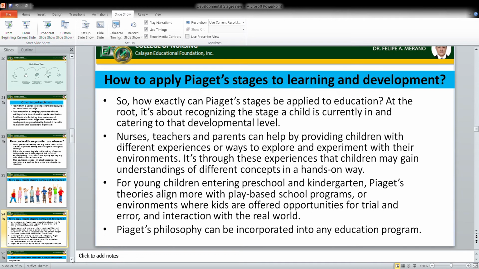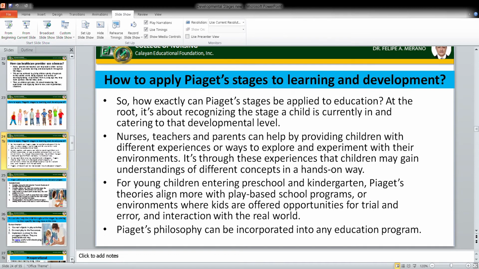So this program still exists today and is being applied in many preschools. And it's also applicable in nursing. That's why we allow students to experience the procedure, and we as teachers help and guide them to process the development of their learning and their experience.